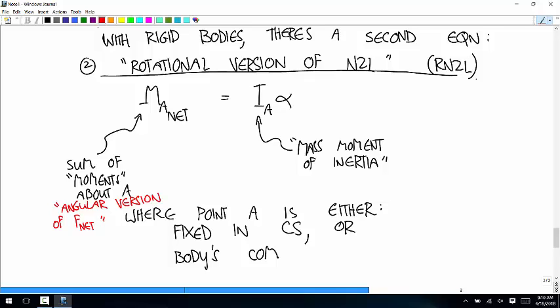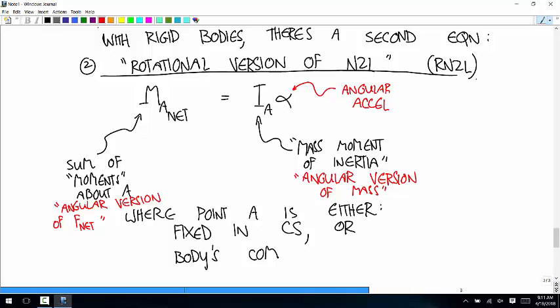The mass moment of inertia is the angular version of the mass. This is obviously like an angular version of acceleration. And so this rotational version of Newton's second law has the same format as Newton's second law does. It's just dealing with all angular quantities instead of translational.